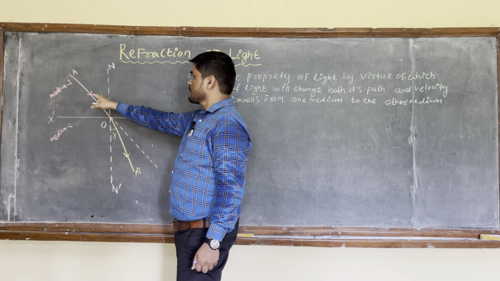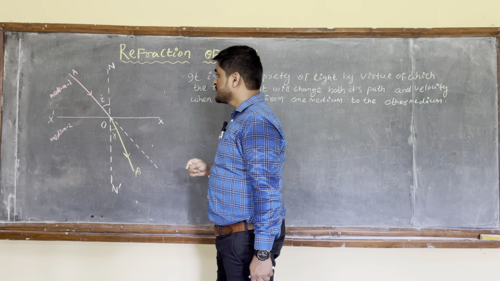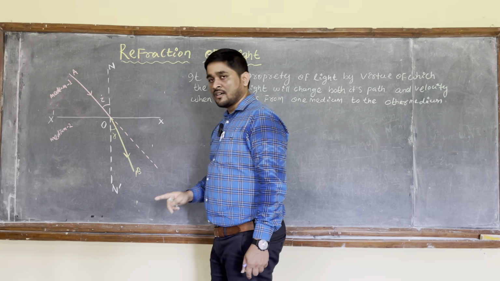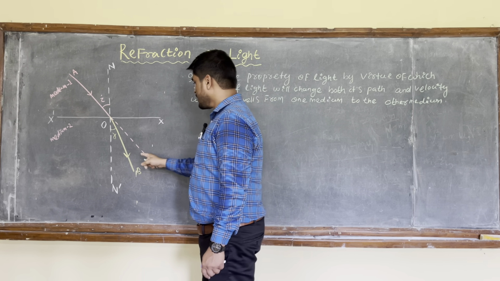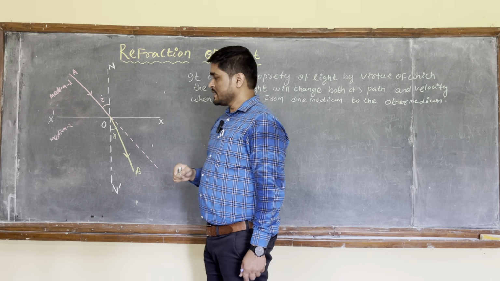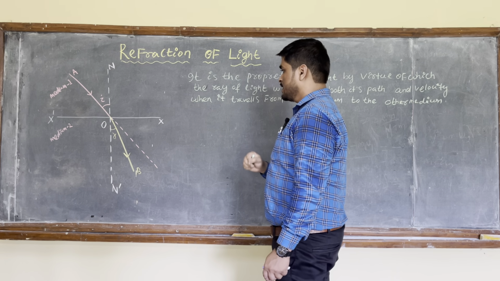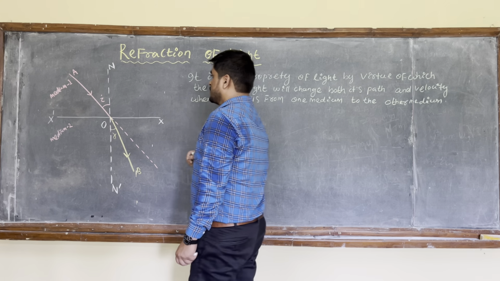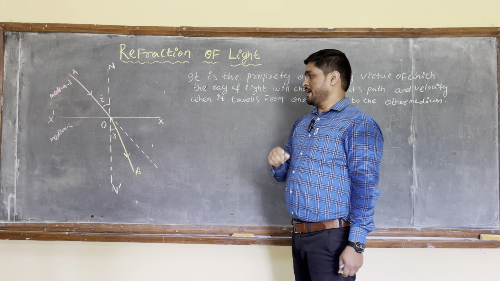Once again, the ray of light, that means the incident ray, will change its path and velocity when it travels from one medium to the other medium. That's all about the refraction of light.